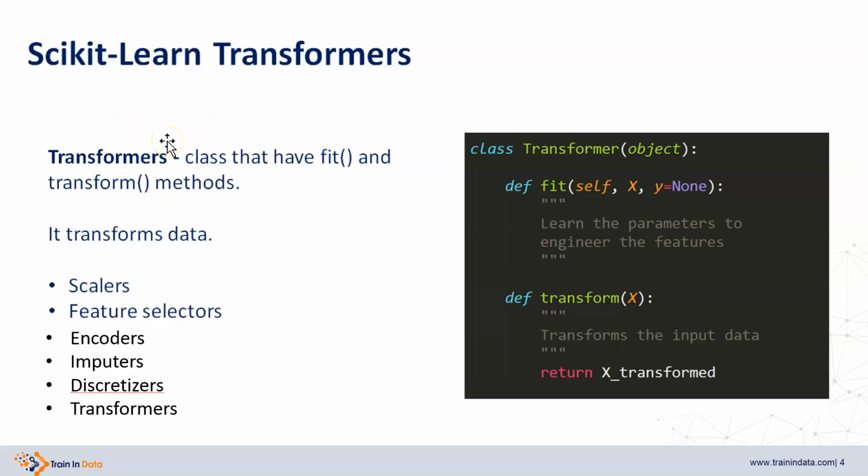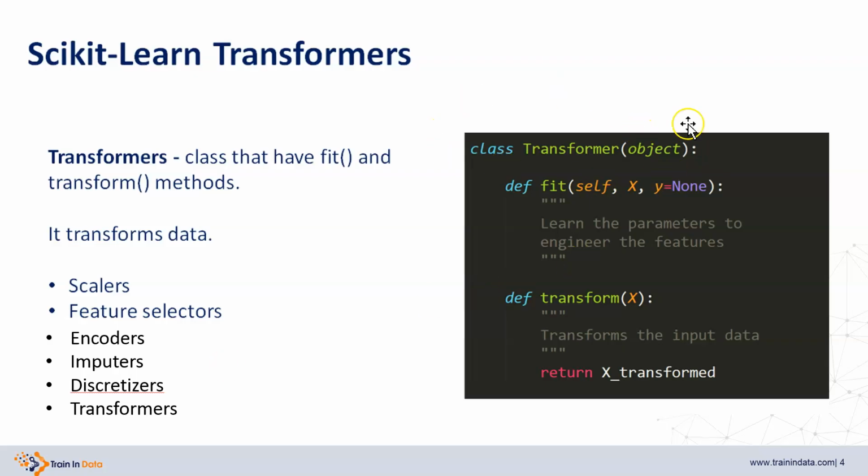Examples of transformers are all the scalers, standard scaler, min-max scaler, etc. The feature selection algorithms, which we have used as well in the course, but also the encoders that transform categorical variables to numerical, the imputers that remove missing data, the discretizers that discretize variables, and all other variable transformations like the power transformer, the function transformer, etc.